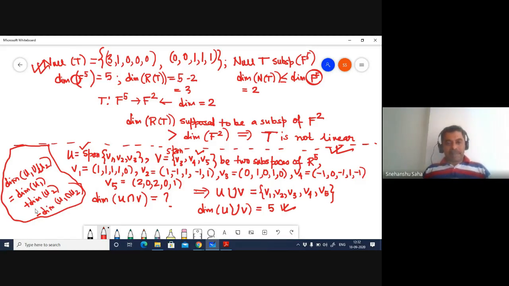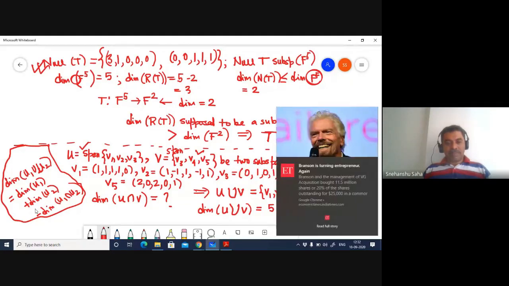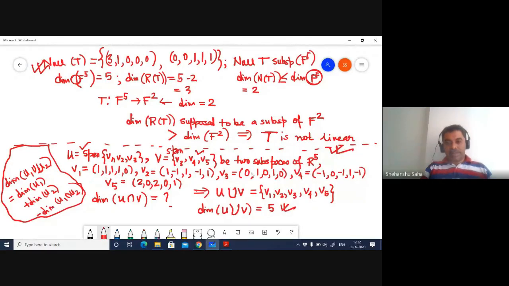Now, what about the dimension of U and the dimension of V? The dimension of U is given by 3 vectors, V1, V2, and V3. If you check quickly, you can see that these are linearly independent. So the dimension of U will be 3 because it contains 3 linearly independent vectors, and you can consider this as one of the bases.